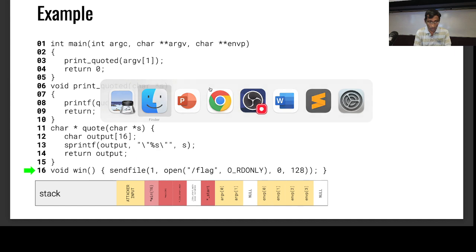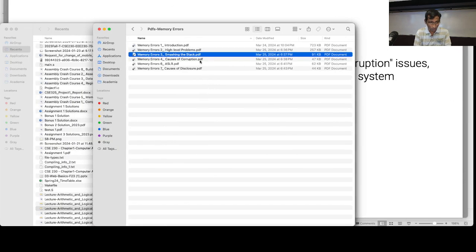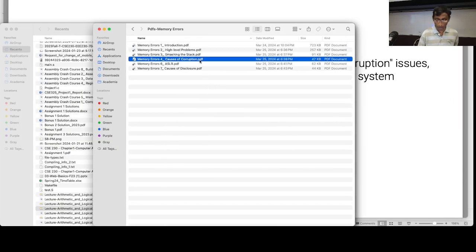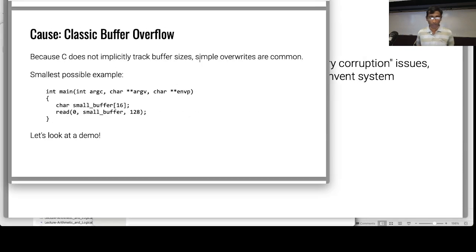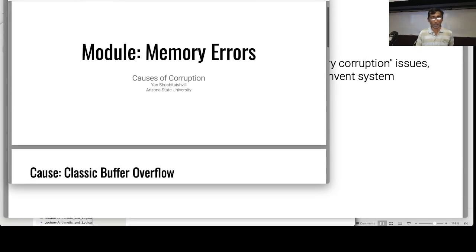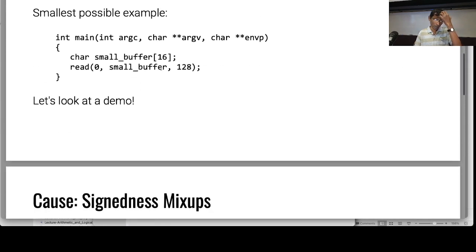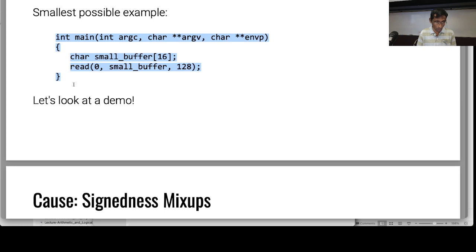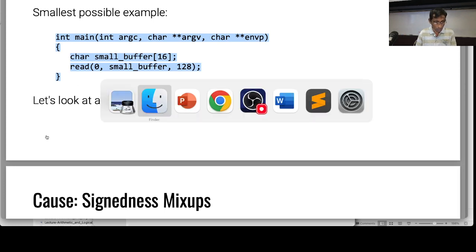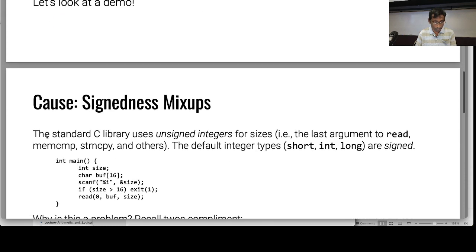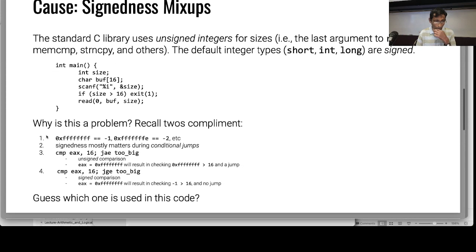We will discuss in the coming slides how we can prevent this corruption from happening. So for example, this is the code. I think this can be copied to show the vulnerability.